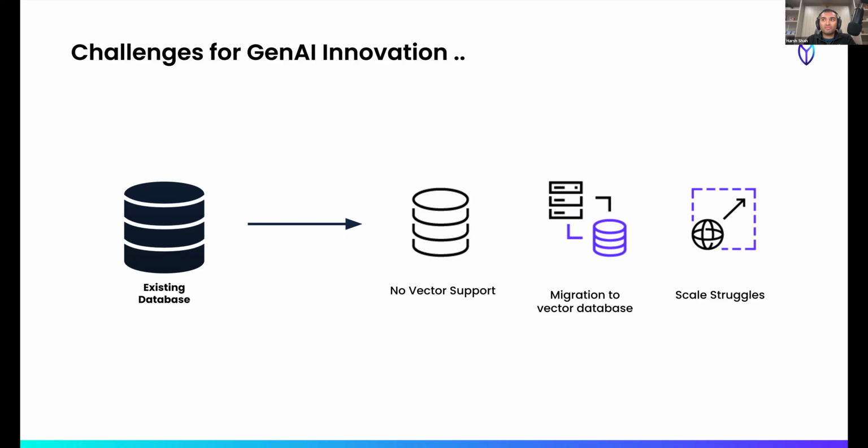And if they don't support vector, and you're an organization that wants to enable AI use cases, you need to have a vector database, and you have to migrate all that data, convert it into embeddings, and then migrate all of that to a vector database. And not all vector databases can scale as easily either. You still struggle with scale with the amount of volume that you're dealing with.